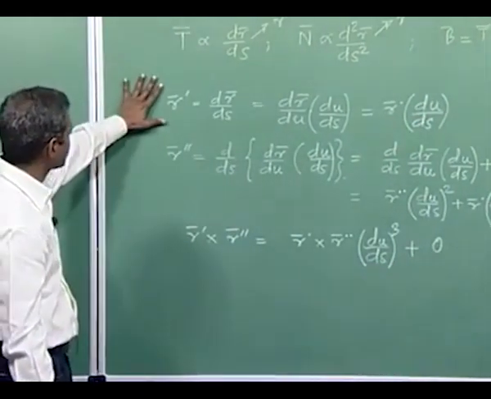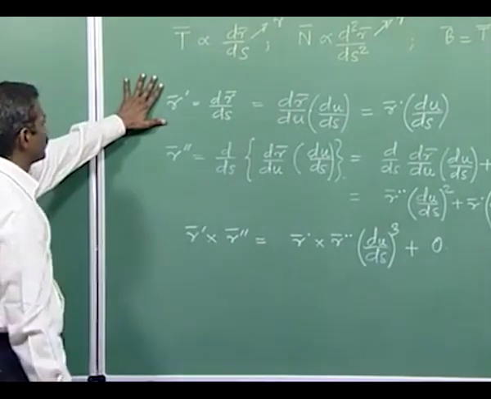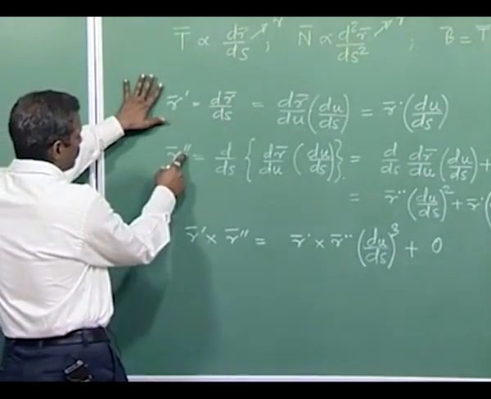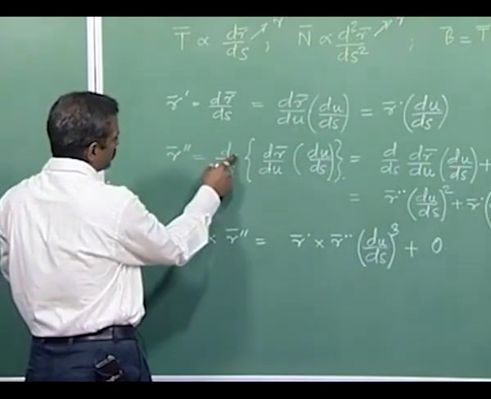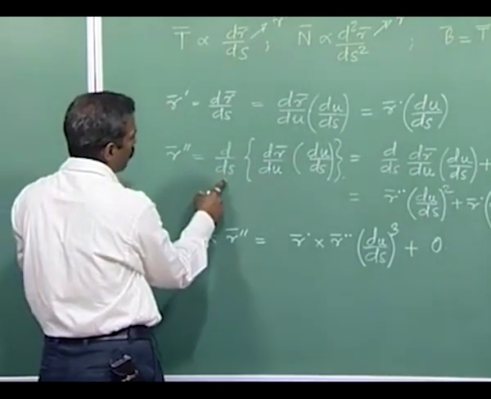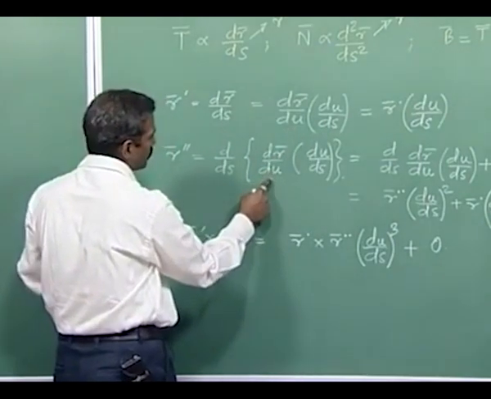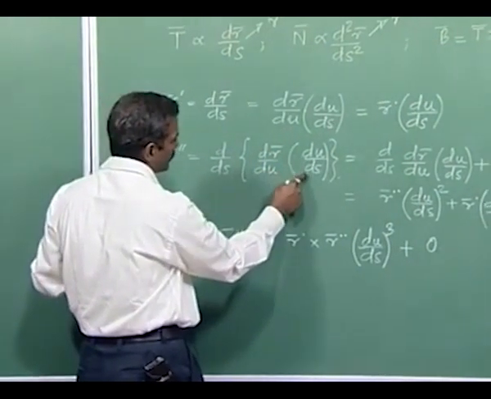If I differentiate this a second time with respect to s, I have r double prime equals d over ds of this expression here, which is dr over du times du over ds.